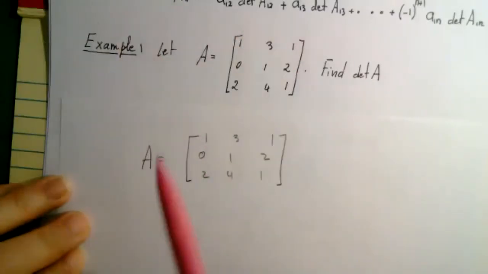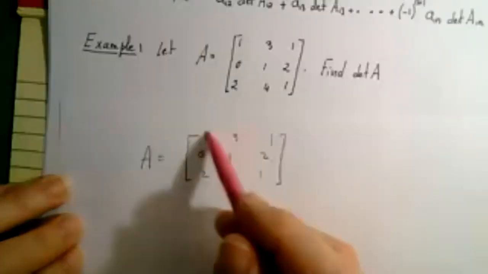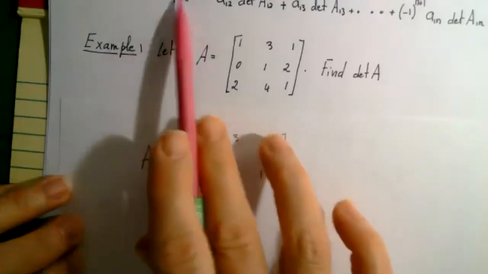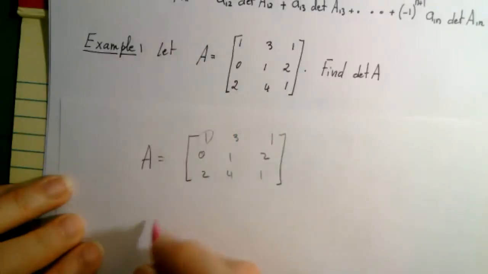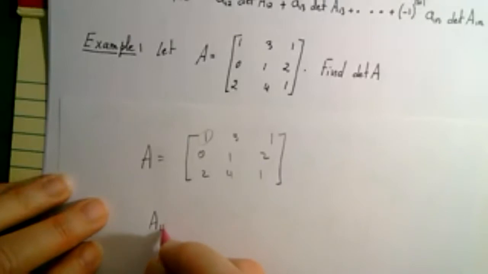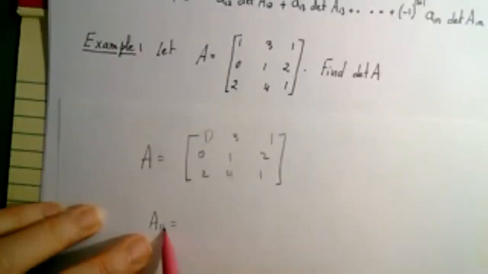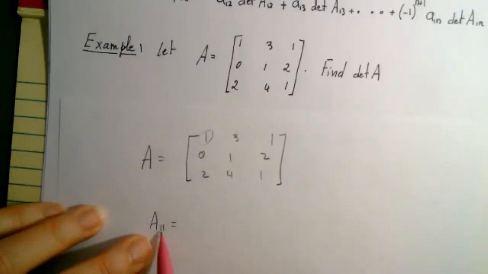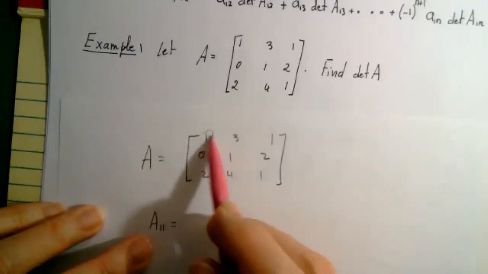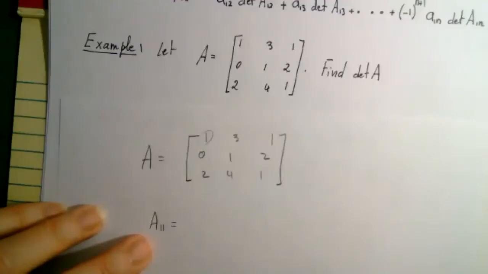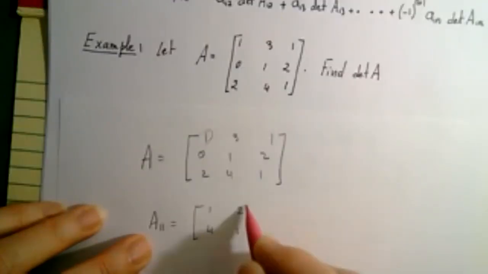The definition tells me: you take A11 times the determinant of A11. So let us understand what A11 means. A11 is the matrix obtained from A by removing the first row, first column. So A11 is 1, 4, 2, 1.